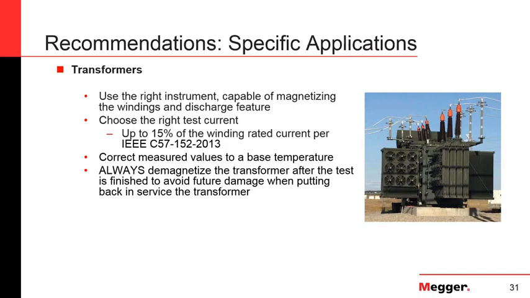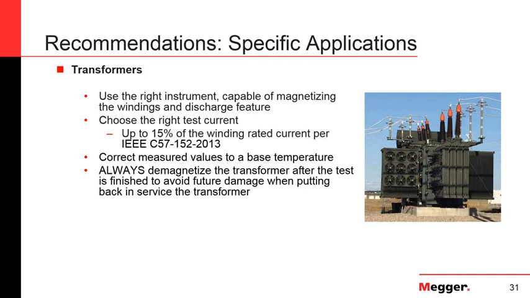Once again, for transformer, it is very important to make the measurements with the proper instrument, which should be capable of magnetizing the windings, and that is to be able to get a stable resistance reading. Also, for safety, the instrument should be capable of discharging the windings and perform a demagnetization, as we already talked about.